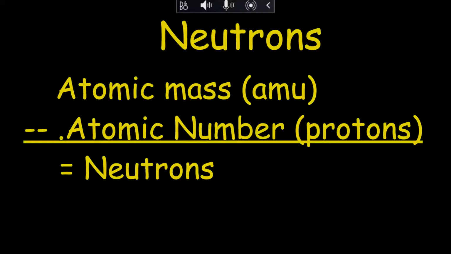Once you do that, that will tell you how many neutrons it is. Now remember, atomic mass is number of protons plus the number of neutrons. Or if you have protons plus neutrons minus protons equals neutrons. So this is, again, one of those really easy things that sounds scary, but it's actually really easy.